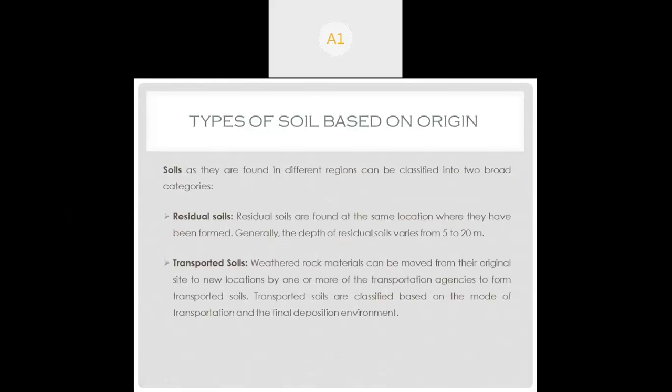So it's very basic and very simple. We have already discussed residual soil and transported soil. Also, we have different categories of soil under residual soil and under transported soil. We can categorize transported soil based on the mode of transportation.